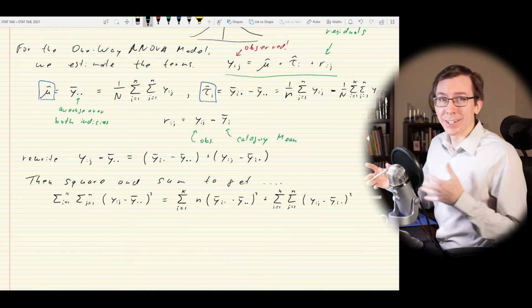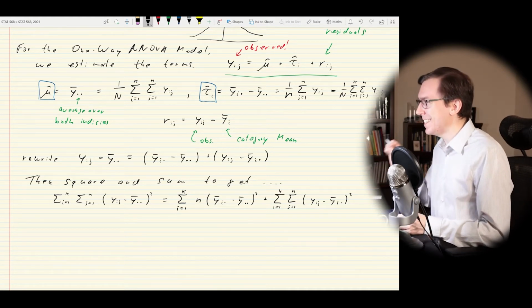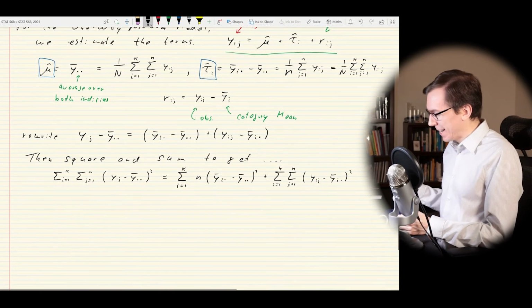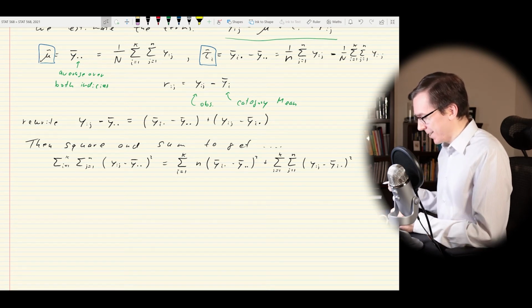And this is only the beginning of all the crazy sum of squares decompositions we're going to have to deal with in this course. But it is important to write this all out. So there's a couple of things to note here.